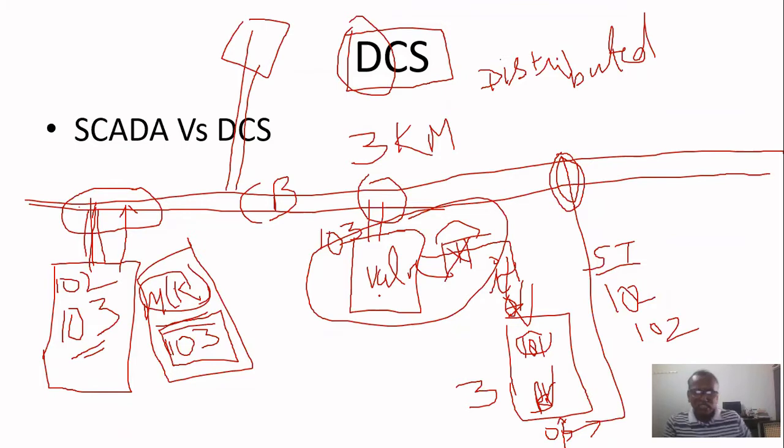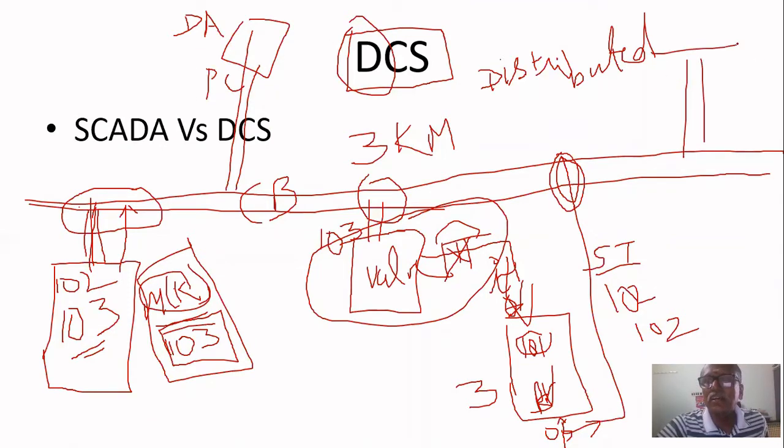By using this, you can do data acquisition also. If it is connected to a desktop PC, then you can do the data acquisition here. From another computer connected here, the operator can change the set point. He can monitor the process variable. He can change the set point.